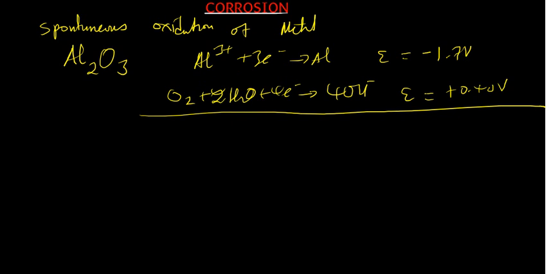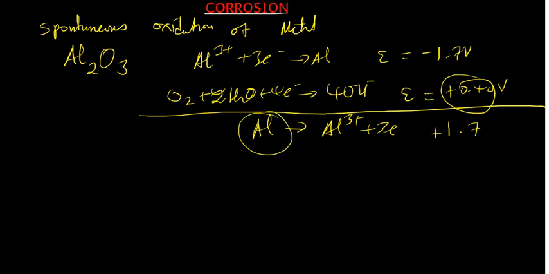And so that becomes aluminium going into aluminium 3+ plus the 3 electrons, and that is going to be a spontaneous process. So this is going to be positive 1.7. When we add it to this, we can see that aluminium is decreasing, is coming from being aluminium metal into aluminium ion, and that is what is called corrosion.